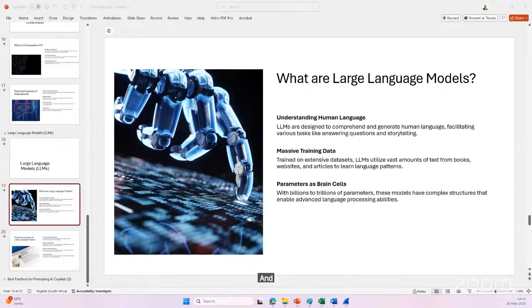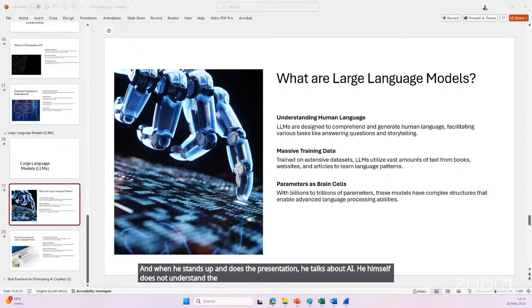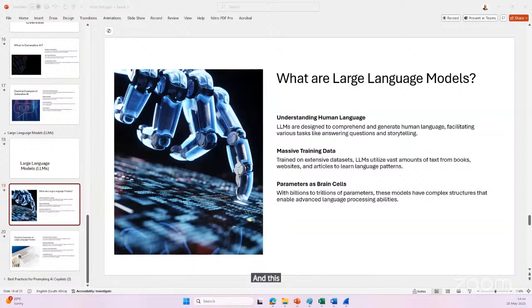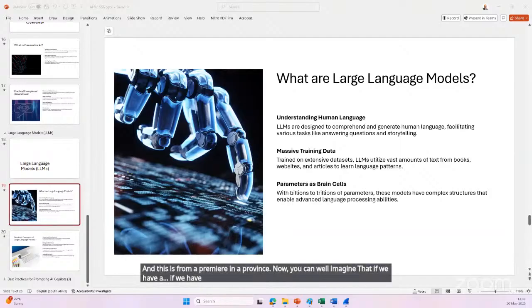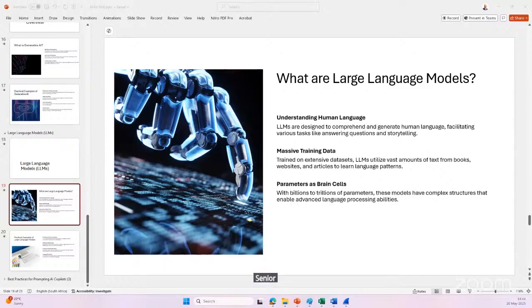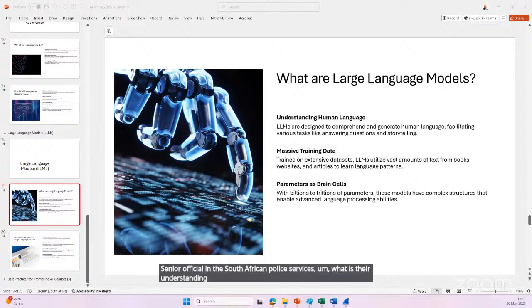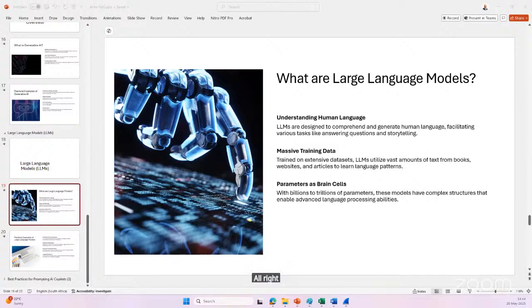When he stands up and does the presentation, he talks about AI, but he himself does not understand the impact and the consequences of artificial intelligence. And this is from a premier in a province. Now you can well imagine that if we have a senior official in the South African Police Service, what is their understanding of artificial intelligence? Do they know what AI is, as an example?